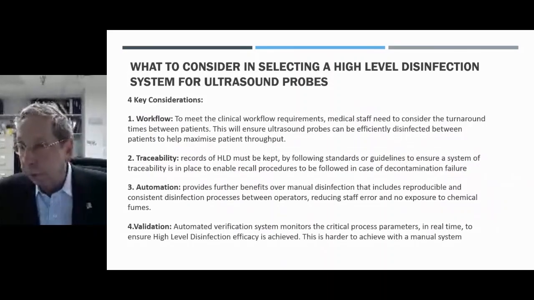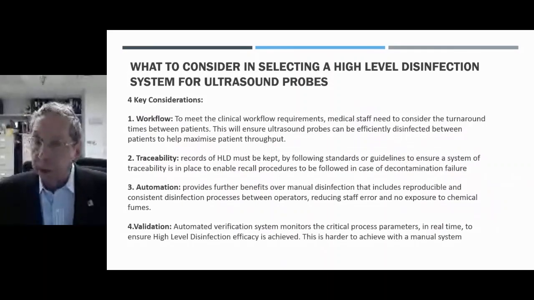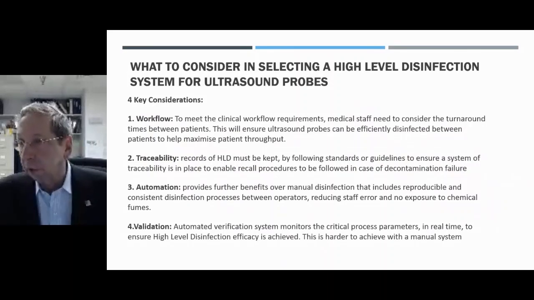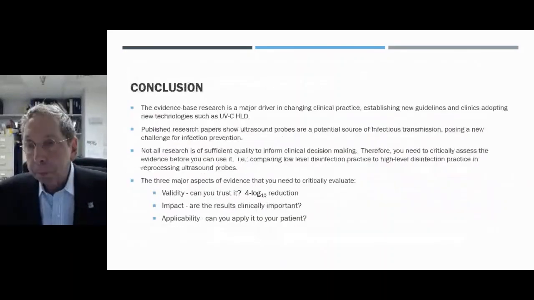Automation provides further benefits over manual disinfection. Anything that can take the human out of the step decreases the likelihood of human error, and so allowing the machine to do this in an automated fashion clearly reduces the likelihood of staff errors. And finally, validation: to make sure you have a system which actually validates that high-level disinfection occurred.